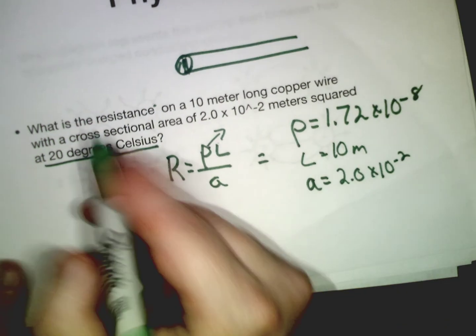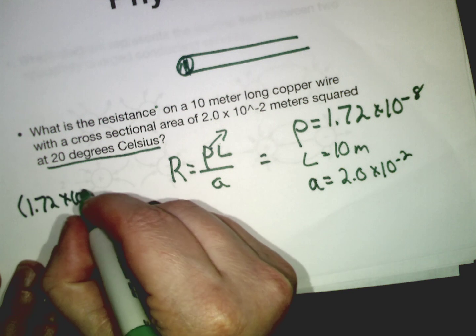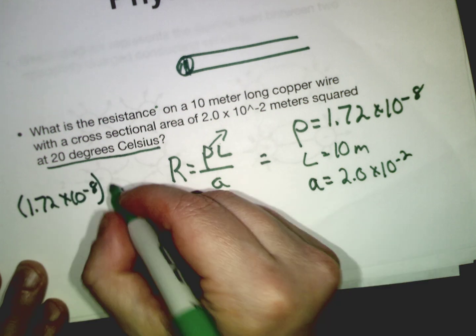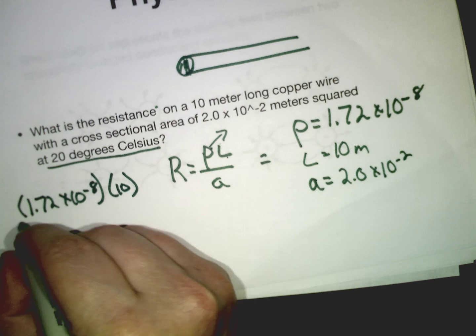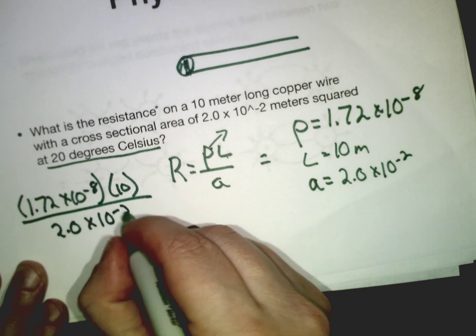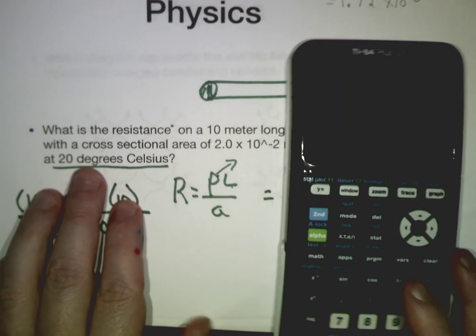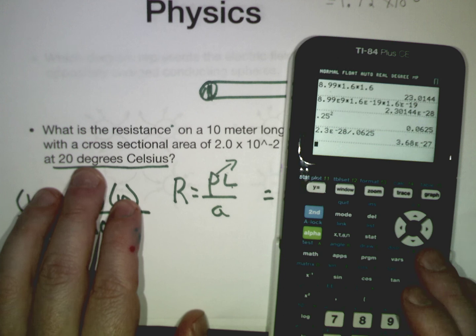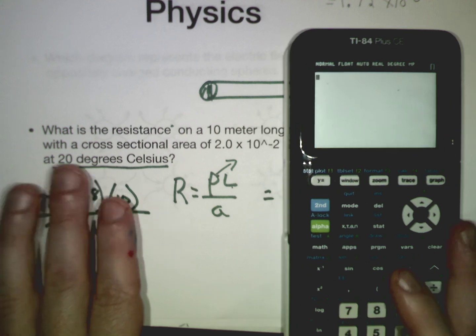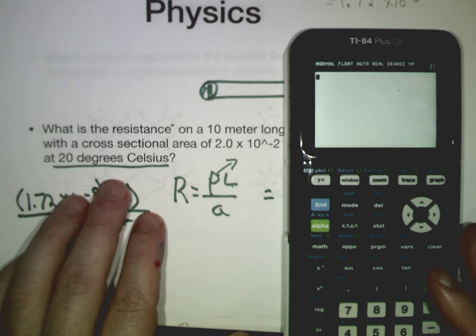So I'm going to put this in my calculator: 1.72 times 10 to the negative 8, times 10, my length, all over my area, 2.0 times 10 to the negative 2. Remember, as temperature changes, resistance changes, but 20 degrees Celsius is room temperature, the standard temperature they measure this at.